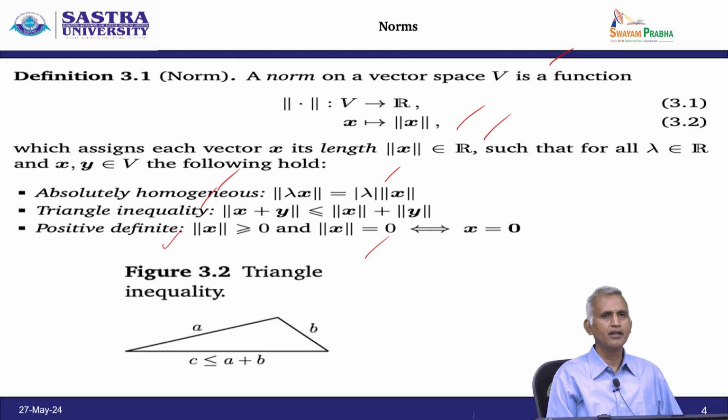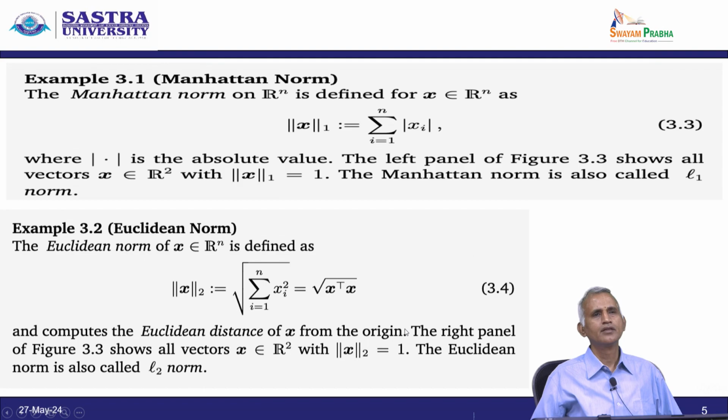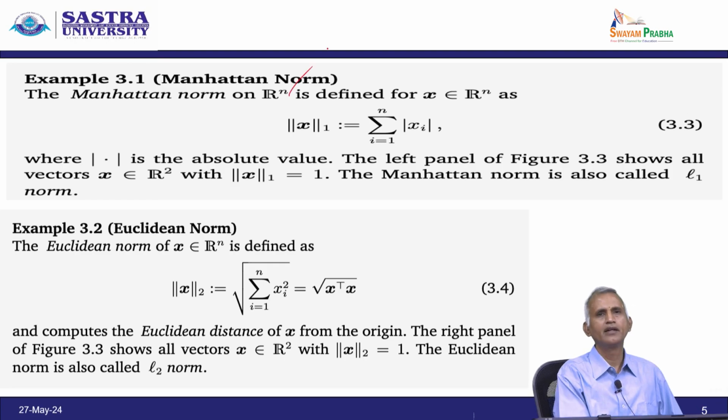For the triangle inequality, you take two vectors a and b, and the third side can be written as c is less than or equal to a plus b. Next, the Manhattan norm. The Manhattan norm on R power n is defined for x in R power n as norm of x1 equals the summation of i equals 1 to n of modulus of xi, that is, x1 plus x2 plus x3 and so on up to xn.